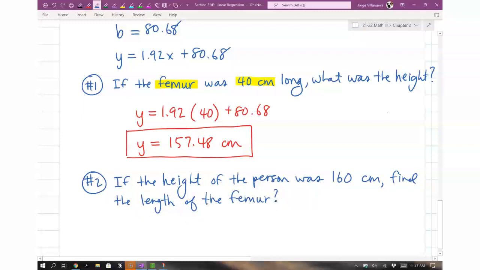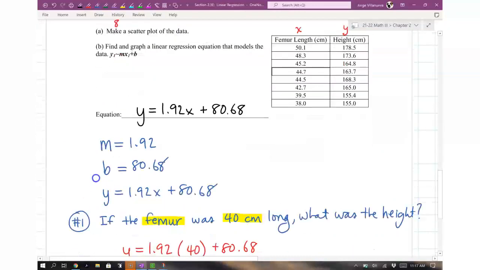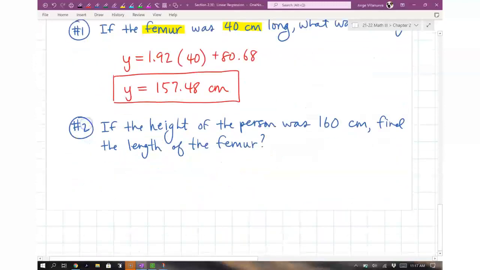In other words, find x. So 160 centimeters is supposed to be which letter? You mean y, right? Yeah, it's going to be the y value, the height, right? That's why I labeled it on top. X for femur length, y for height. So that means they just gave me the y value.